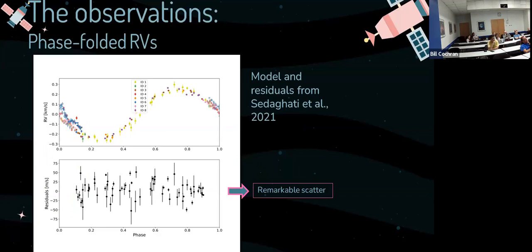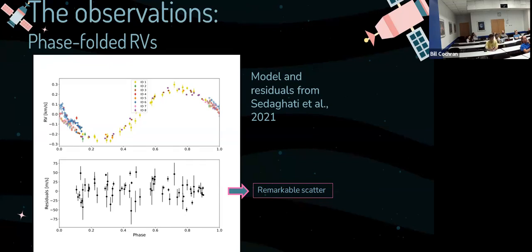If you put them all together and phase fold them, you're going to see the whole orbit, so the whole radial velocity curve. Here they are all phase folded with the parameters of Dagati et al. 2021, which was the last radial velocity study before ours. This means that we phase folded them with a non-changing orbital period and non-changing periastron precession in time.